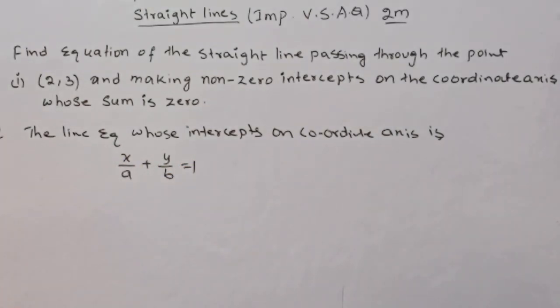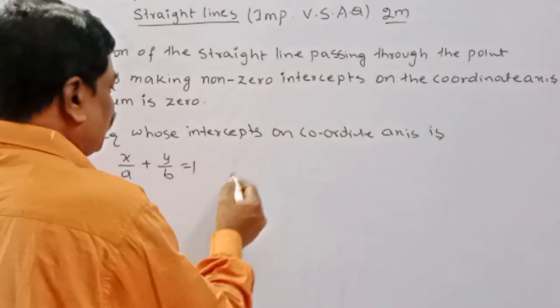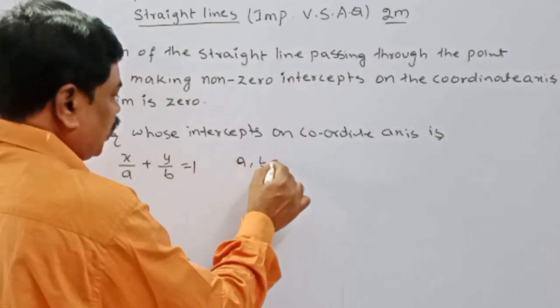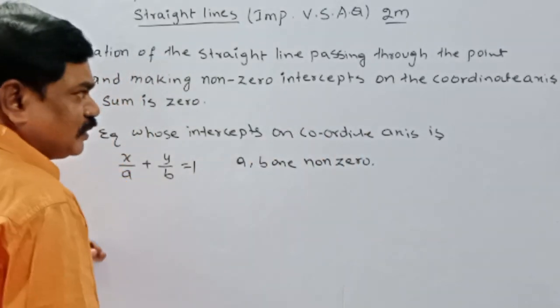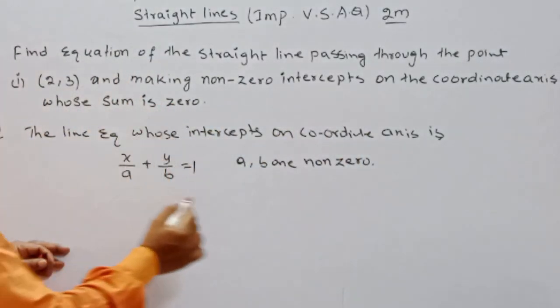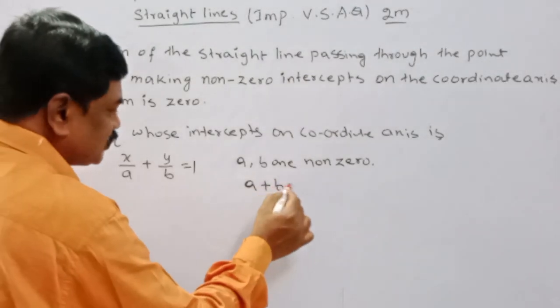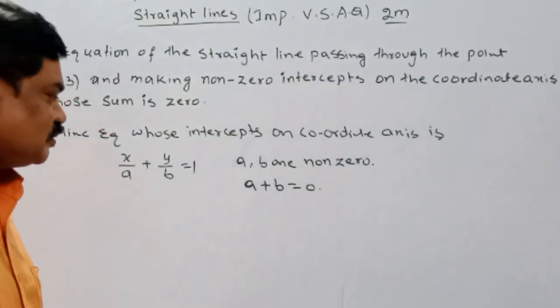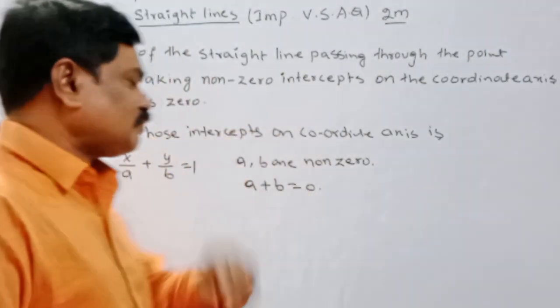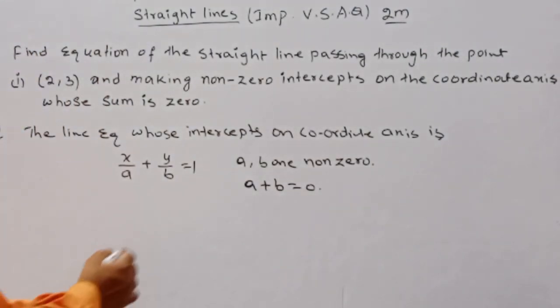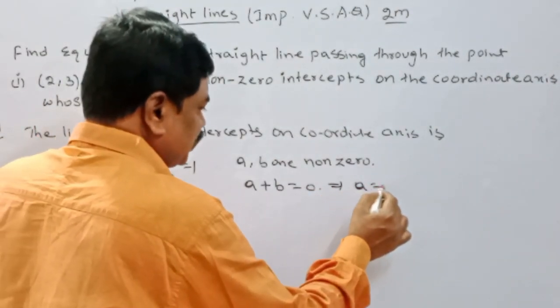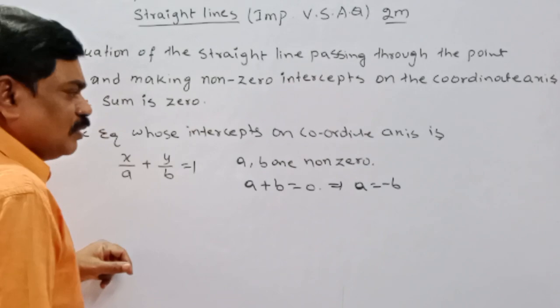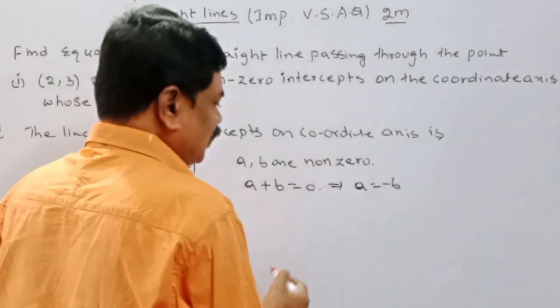And one more given, these a and b are non-zero, and given that whose sum is 0, a plus b is equal to 0. These are the conditions given. And this is a plus b is equal to 0. From this, you can write a is equal to minus b.